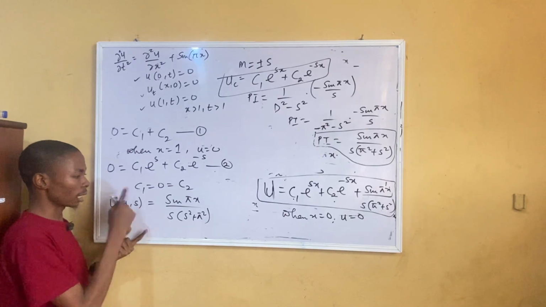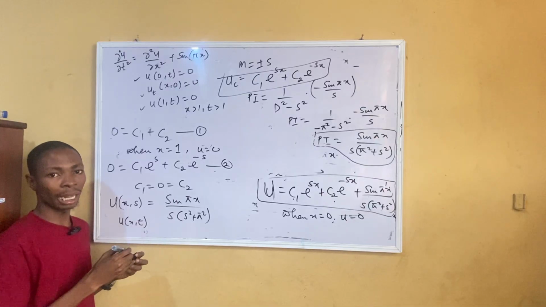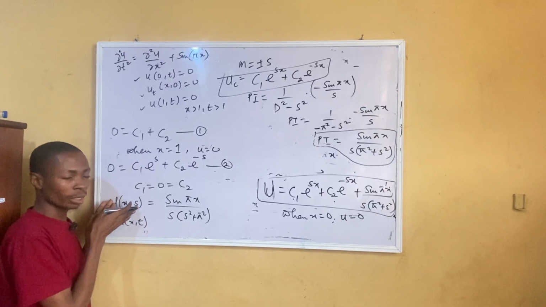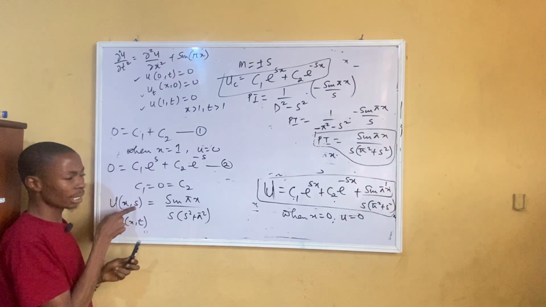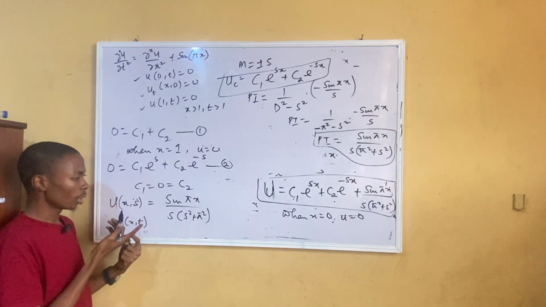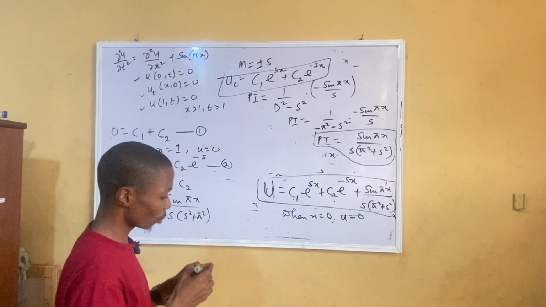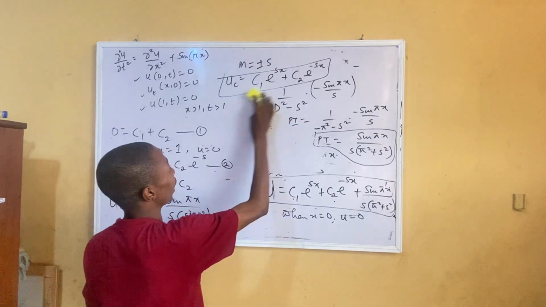How do we transform this to u of x comma t? By taking the Laplace inverse of this. If you take the Laplace inverse, it will transform the function of s into a function of t.